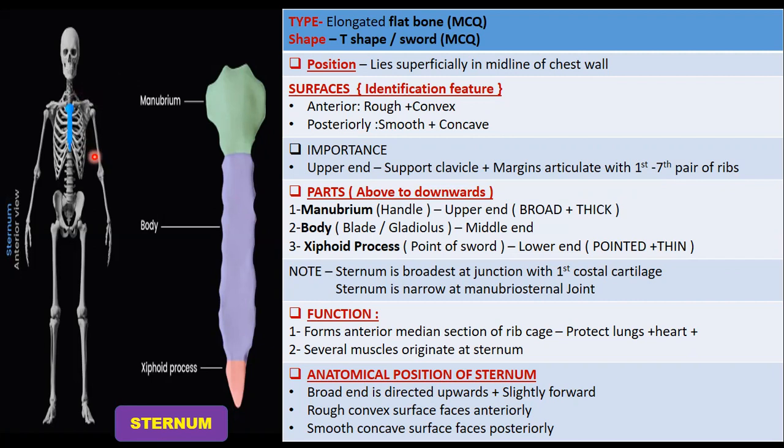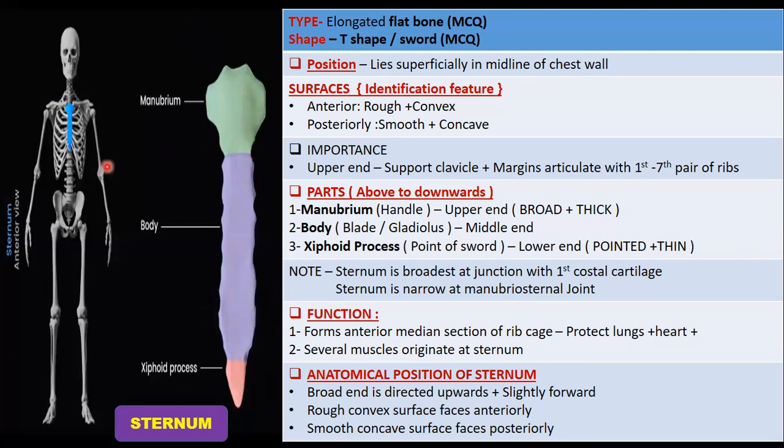The adult sternum basically consists of 3 parts: the manubrium, which is the handle of the sword, the body, which is also known as the gladiolus, and the last part is the xiphoid process, which is a pointed part. This one is the handle of the sword and this is the pointed part of the sword. The upper end of the sternum is broad and thick, and the lower one is pointed and thin.